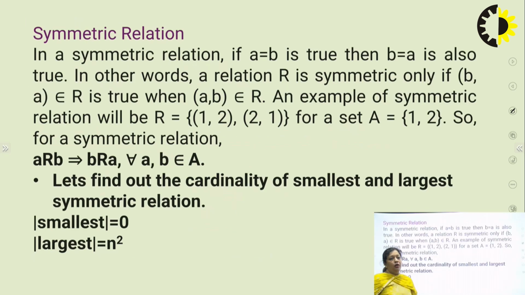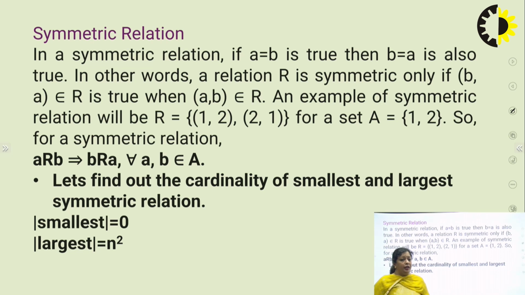Now, let's talk about symmetric relations. What is a symmetric relation? A symmetric relation means that if in my relation I have an (a, b) pair where the values of a and b are different, then I must have the (b, a) pair in order to make that relation symmetric. By definition, in a symmetric relation, if (a, b) is in R, then (b, a) will also be in R. For diagonal elements, if I have only diagonal elements, the relation is symmetric.